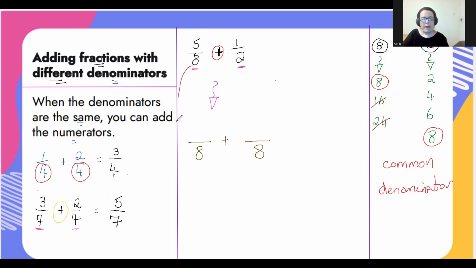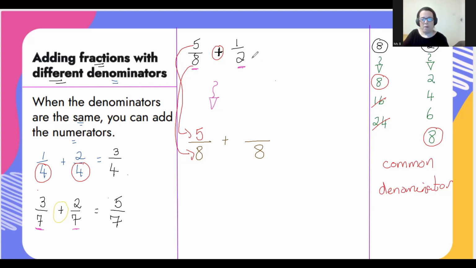From 8 to 8, I don't need to do anything. So therefore, from 5 to here, I'm going to put down 5. 5 eighths is still going to be 5 eighths because 8 is the denominator.